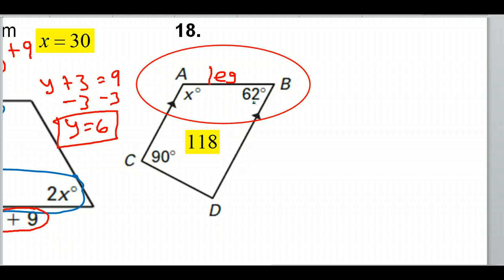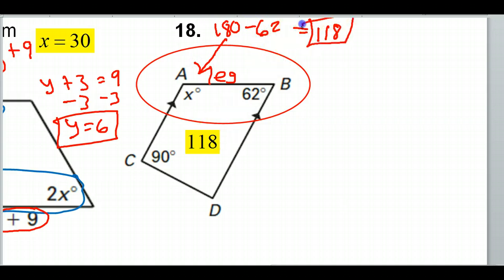So the 90 down there is just there to see if we really know what we're doing. We're not going to use the 90 for anything. So all you have to do is subtract from 180. So just 180 minus 62, and that must be 118. So that's how we did number 18. You just had to know to go A and B, not A and C. It has to be leg angles.